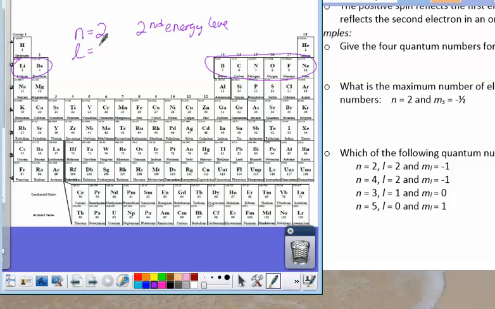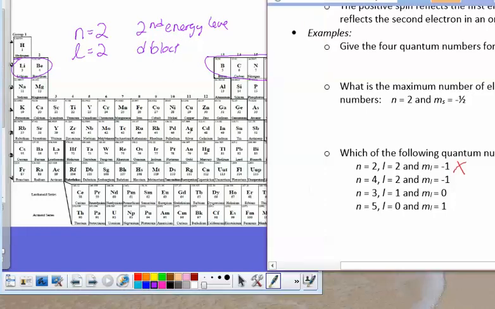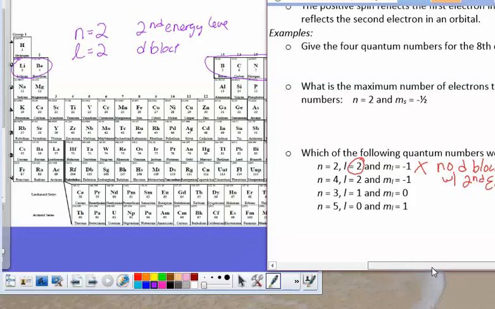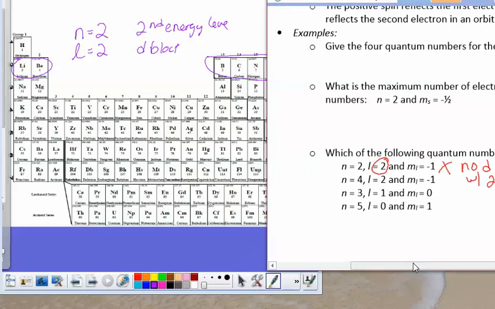If L is equal to 2, that means that it's the D block. Well, I don't have the D block highlighted, so this one is not possible because of L is equal to 2. If I wanted to support this, I could say no D block with a second energy level. So you just need to say why you couldn't do it a little bit. So we don't have a 2D, in other words.